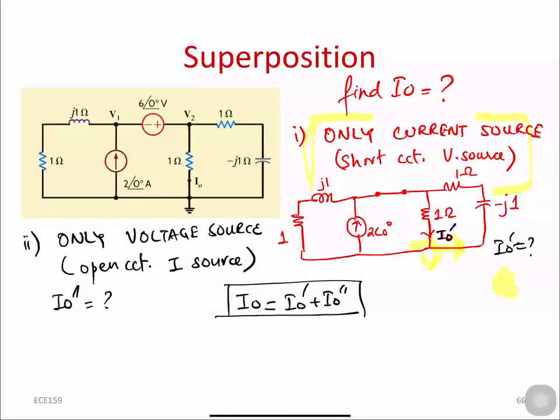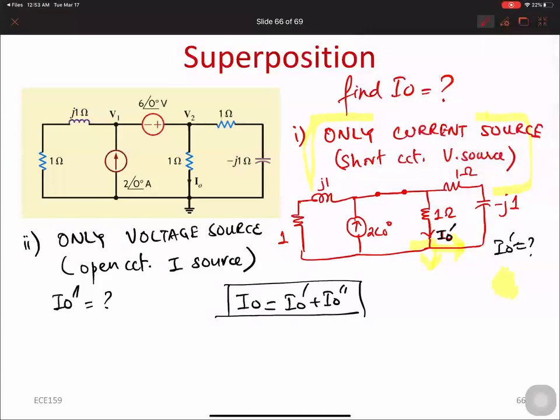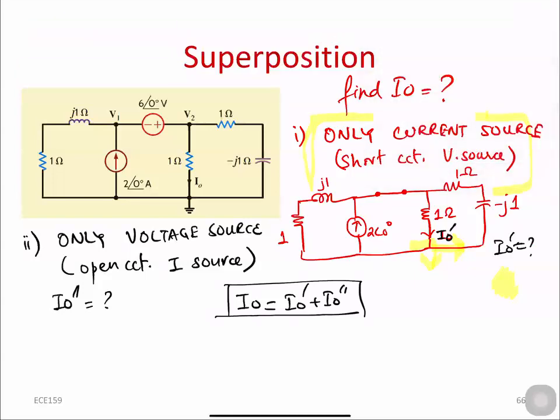So let's solve the first part, which is keeping only the current source. So when we have only the current source, let's draw the equivalent circuit. So this is 1 plus J1, this current source.